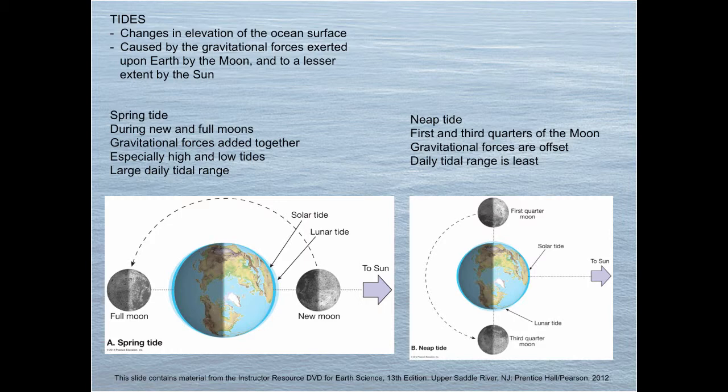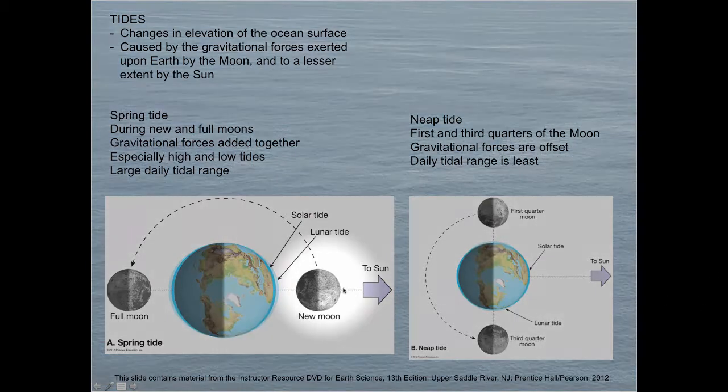The sun does as well. Different kinds of tides. Usually when the moon and the sun are aligned, that is, the sun is over here and the moon is right here, they have enough gravitational pull to pull more water, the tidal bulge, toward them to a larger degree than they would if they were at right angles.